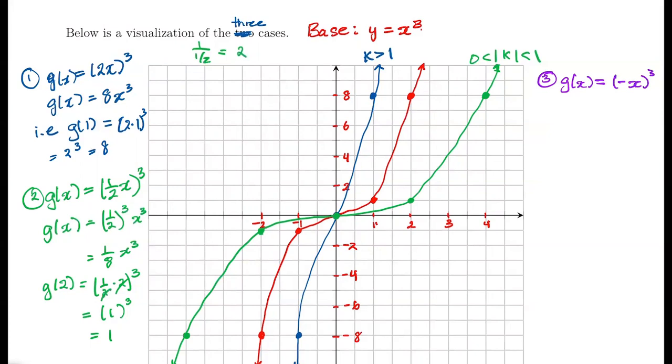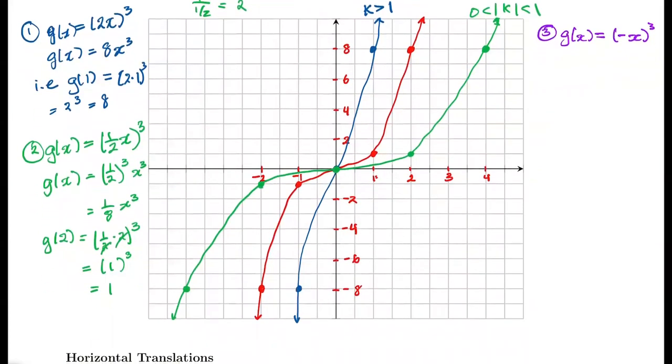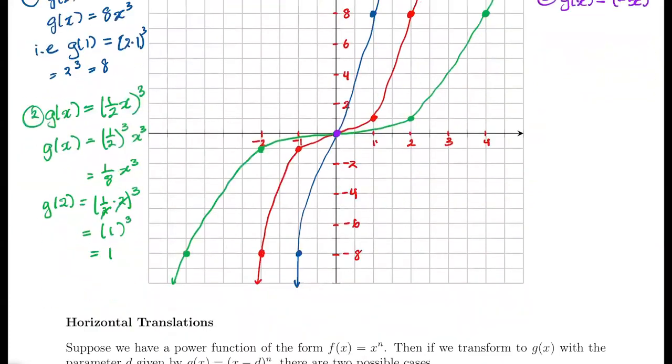So we're going to take every point in the base function, and we're going to flip them over to the other side of the y-axis. So for example, if we take 1, 1 here over, it's going to go all the way to -1, 1. So we're flipping every single point to go from 1, 1, and then this point would go over here.